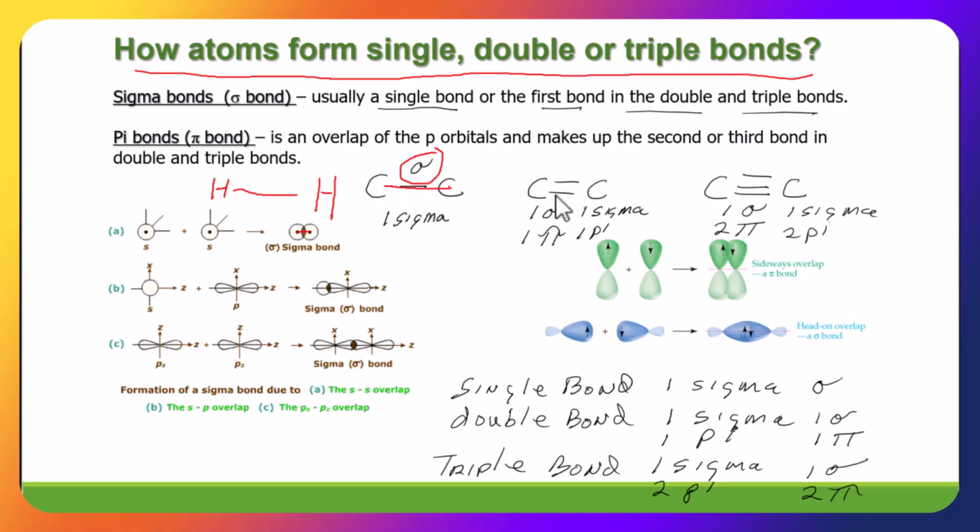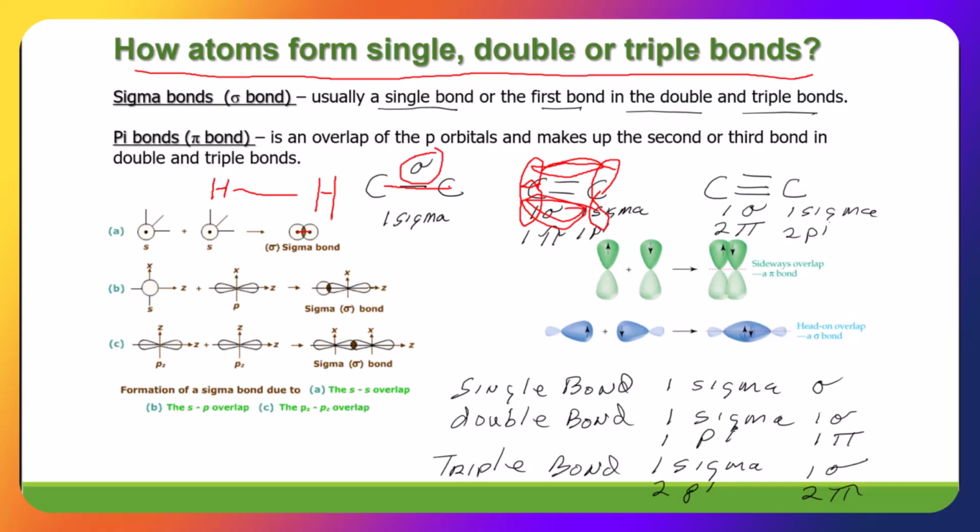Now, if I have a double bond, I do have a sigma bond, but I also have a pi bond. So you take p orbitals, and those p orbitals will sit above and below the internuclear axis, and they're sharing electron density above and below.